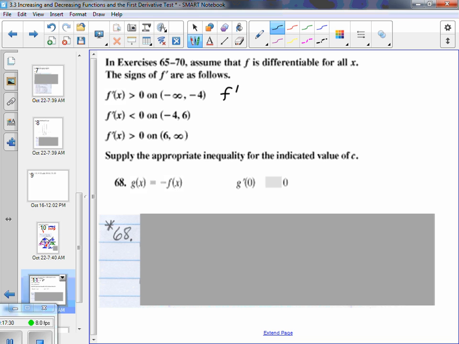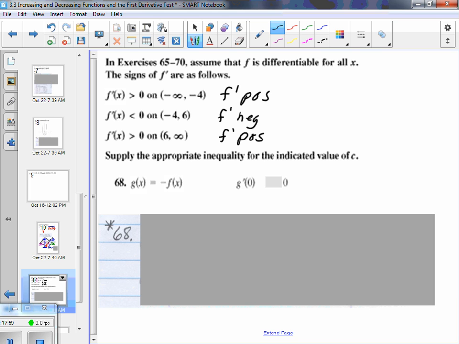I like to think f prime positive, because I have an easier time remembering it in my head than greater than 0. f prime of x is less than 0 on the interval from negative 4 to 6, so f prime is negative on that interval. And f prime of x is greater than 0 on the interval from 6 to infinity. That means f prime is positive again.